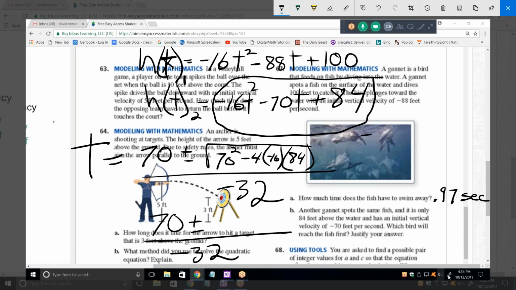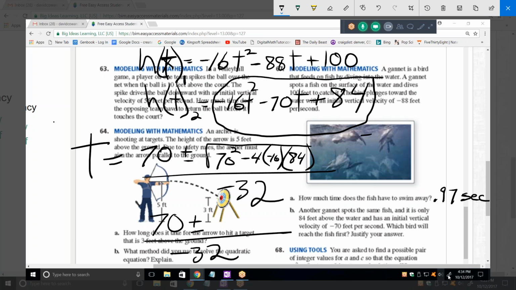Oh wait, hold on. I forgot to do the 70 squared. Yeah, you're right. That's 4,900 plus whatever that other number was. So 4,900 plus 5,376 is 10,276.